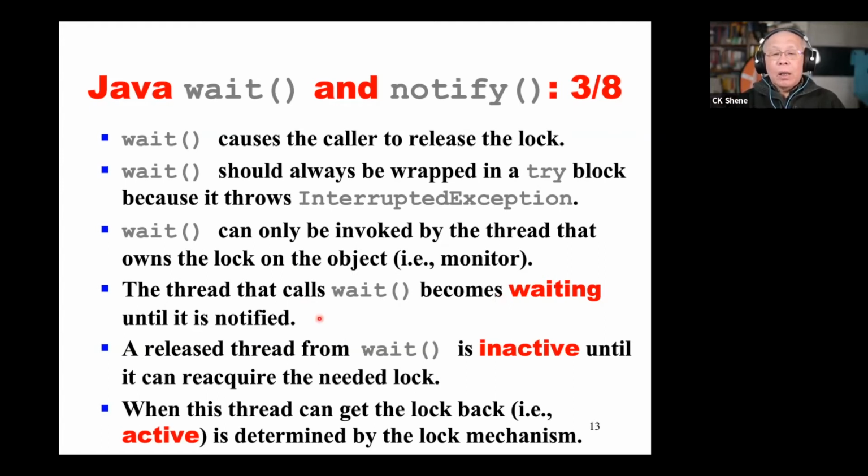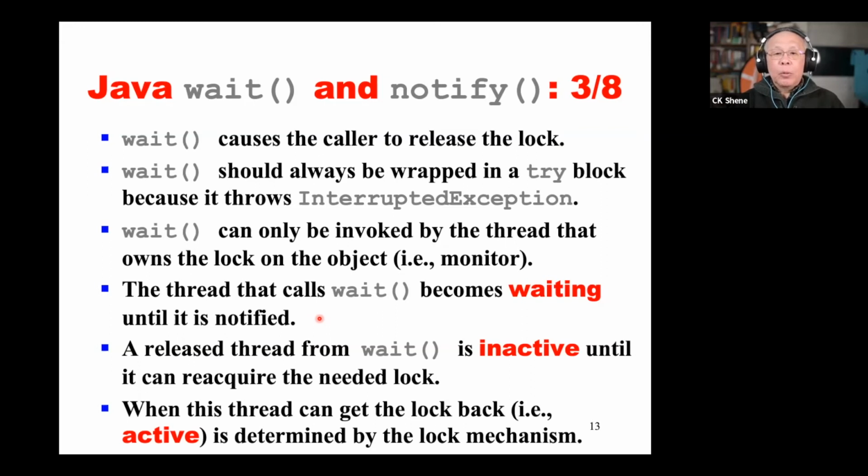Waiting where? We don't know, we don't care. But in a classical monitor, when you call wait, that wait is related to or attached to a condition variable. So in a classical monitor, when you call wait, you are blocked and put into the waiting list of the corresponding condition variable.